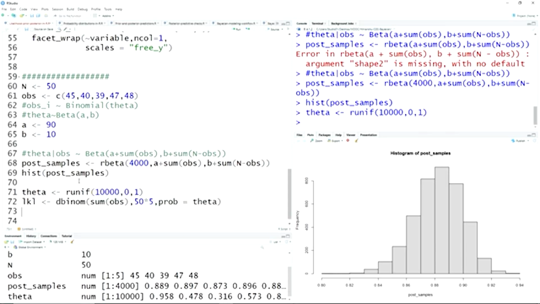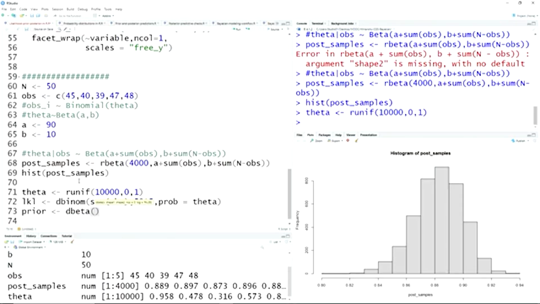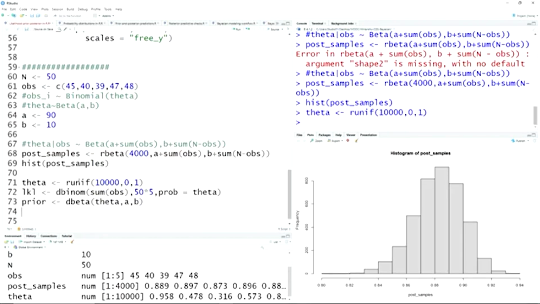So this will give you likelihoods corresponding to each theta, and then the prior will be dbeta of the theta vector, a, b. Okay, so this would be the likelihood and prior.